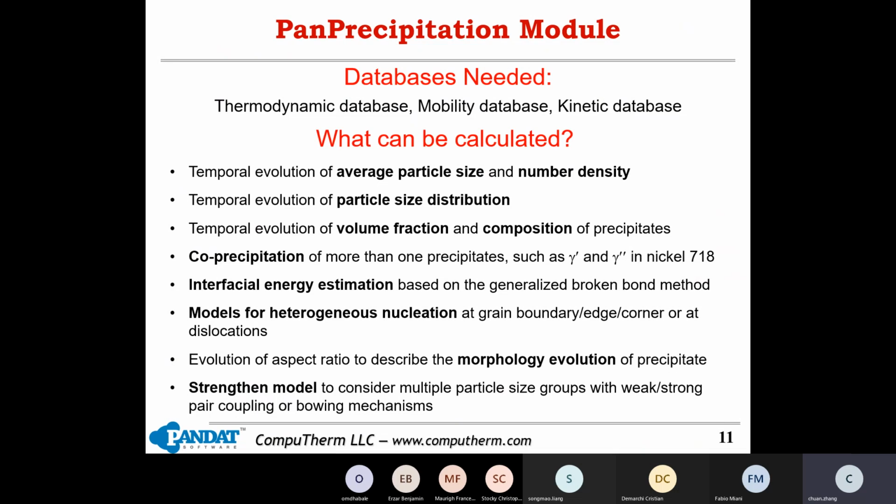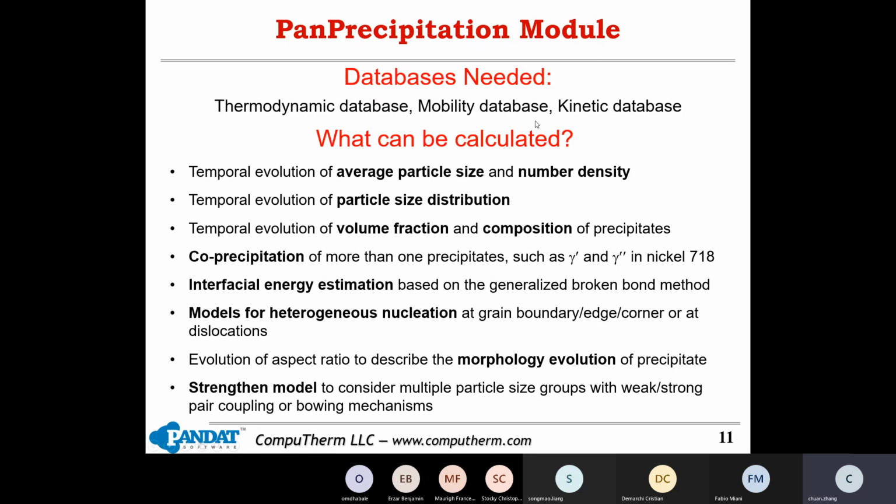This slide shows the basic function of the precipitation module. This module allows users to simulate precipitation kinetics, such as the temporal evolution of the precipitate size, fraction, number density, and particle size distribution. We can also do co-precipitation, simulating precipitation with more than one precipitate, even when those precipitates are described by different types of kinetic models.